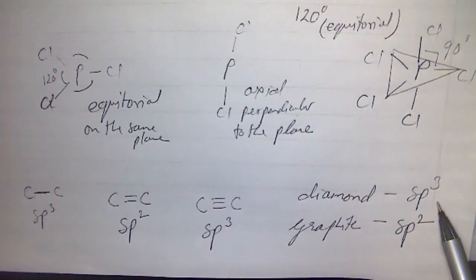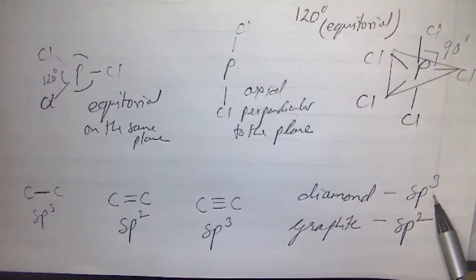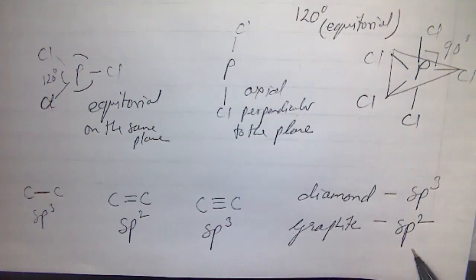So this becomes tetrahedral, whereas this becomes planar. So since this is in a plane, the layers are there. That structure we'll see later on in detail, but this at least you should remember. Understood? So these are the different types of hybridizations which you have to know.